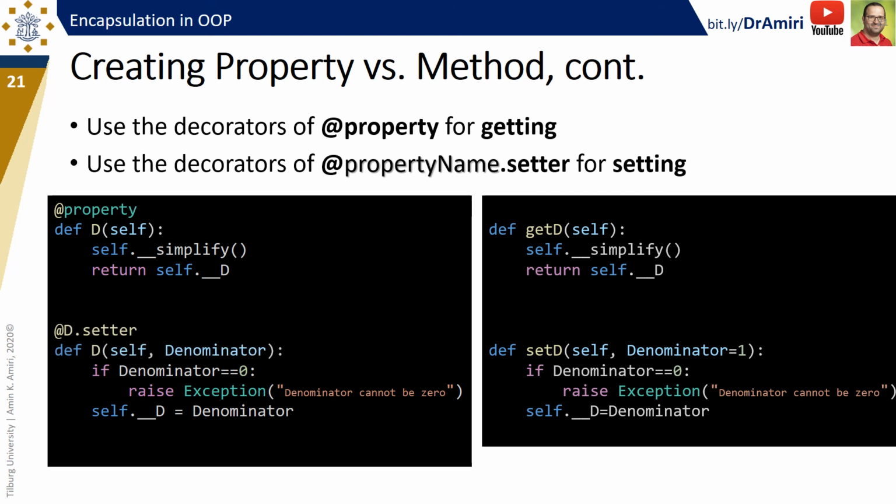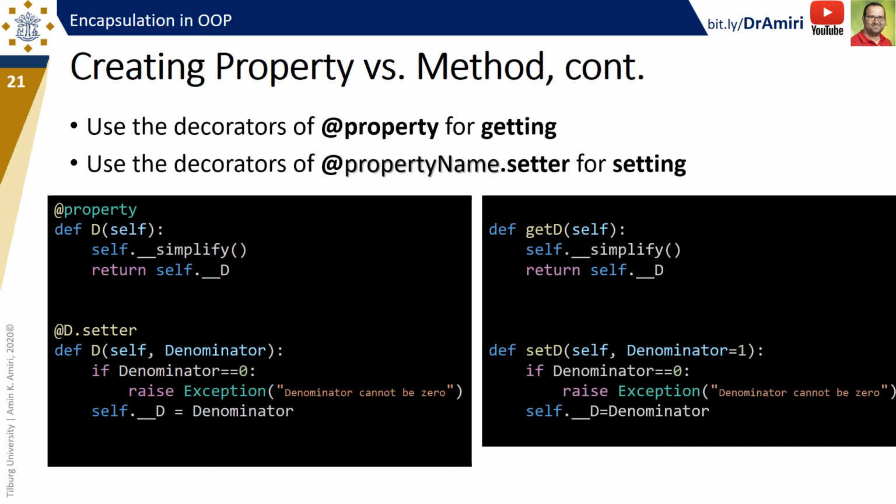You change the name of the method to be only having the name that the American programmer specified, which is d, and then right before that line, you add the decorator @, the name of the property, which is d, and then dot setter.